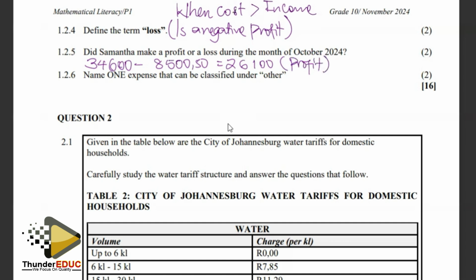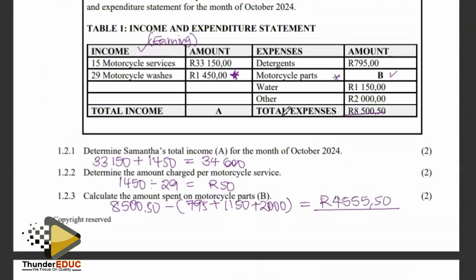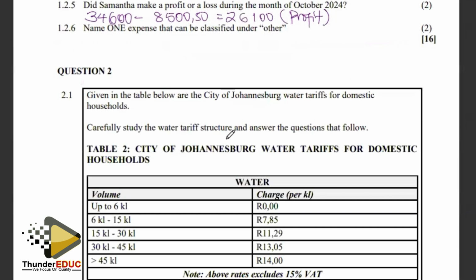Name one expense that could be classified under others. When you go back and look at the expenses she has, we are looking at the detergents, the motor parts, water, others. Others here we can look at, let's say, electricity.